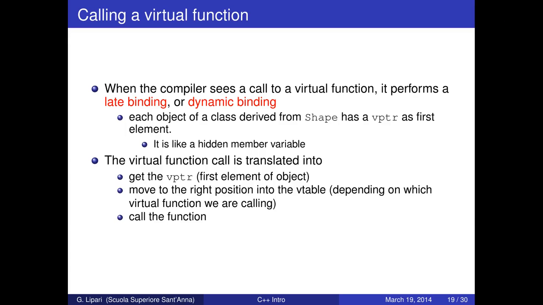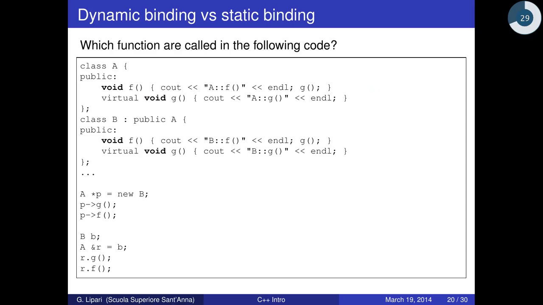You move to the right position in the table depending on which virtual function we are calling, and then you call the function. So calling a virtual function is a little bit different than calling a normal function. Calling a normal function is just, call the address. Calling a virtual function, you first take this pointer, you go in the table, you take the address of the function to call, and you call it. So there is one extra step.